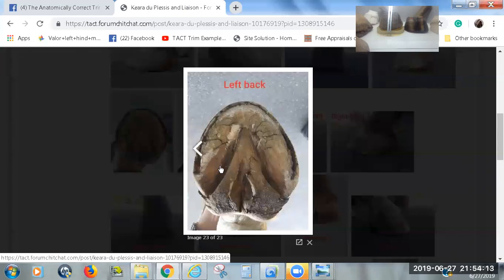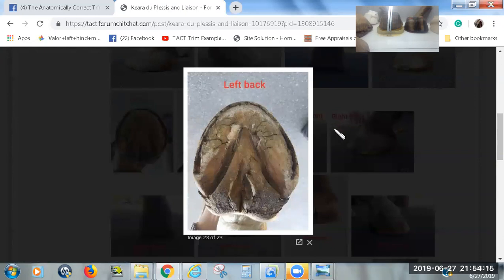Yeah, I actually did that after I took the photos. I did it a little bit, yeah. It's just to get off some of the loose. The whole thing looks petrified, you know? It was very hard. And so that prohibits growth as well.